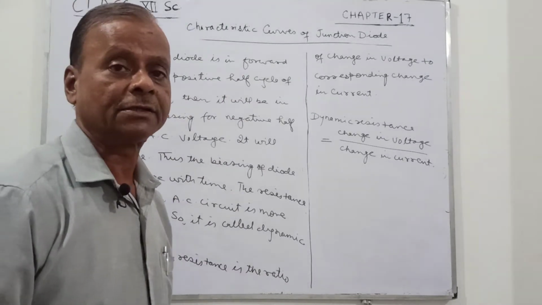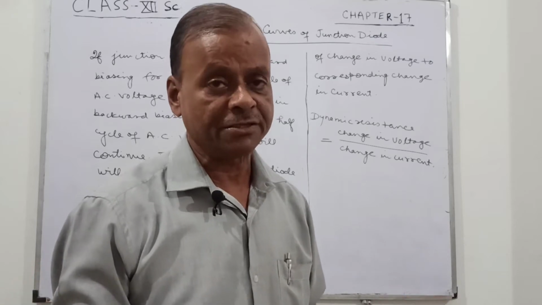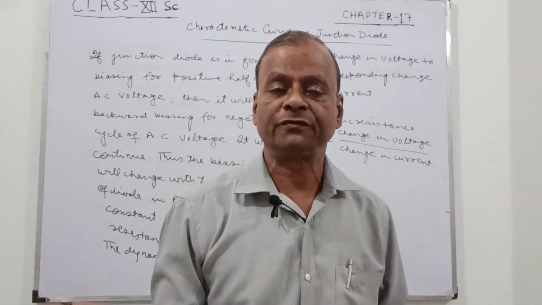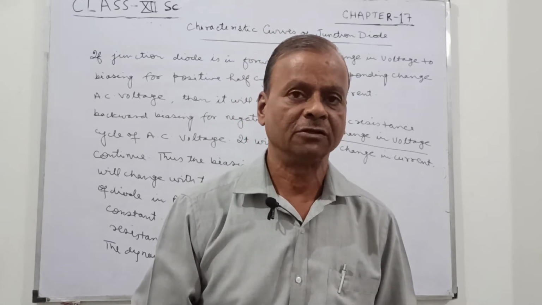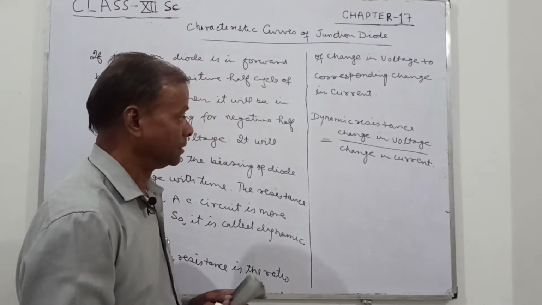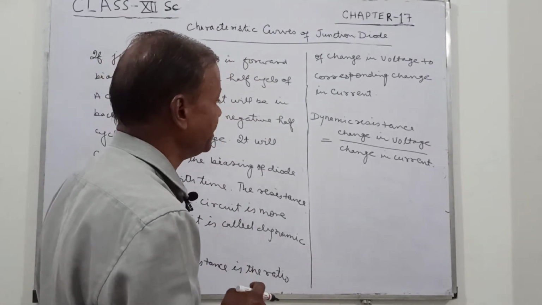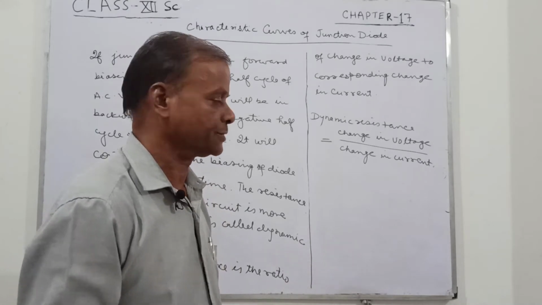Since the biasing is of two kinds, forward bias and reverse bias, definitely there will be two kinds of curves. One the forward biasing curves and second the reverse biasing curves. So first I am taking the forward biasing characteristic curves.